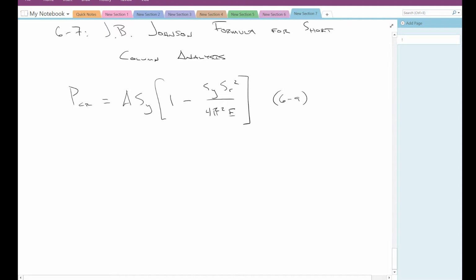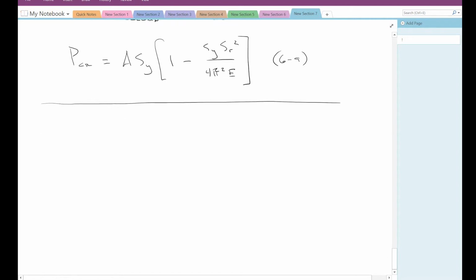Right? So just a quick recap: we look at our slenderness ratio. So let's do it like this. We'll say short column, and we'll say long column. We say that our slenderness ratio, which is equal to our end fixity constant times the length of our column divided by our radius of gyration, is less than our slenderness ratio in transition, or our column constant.